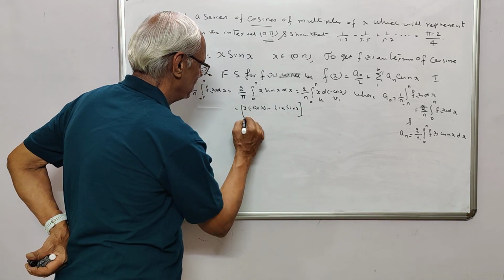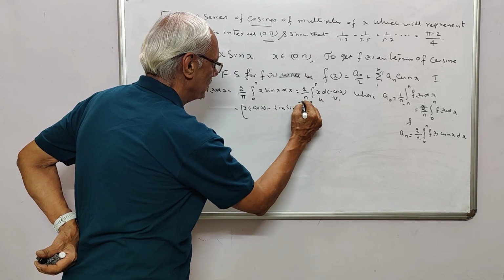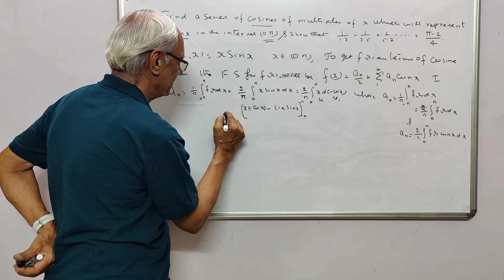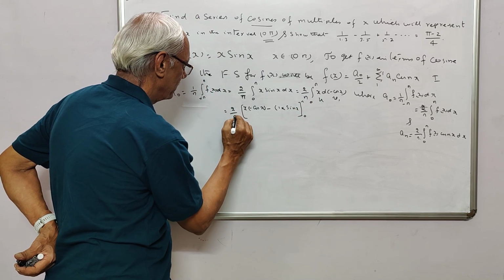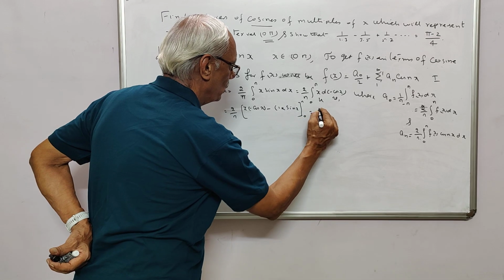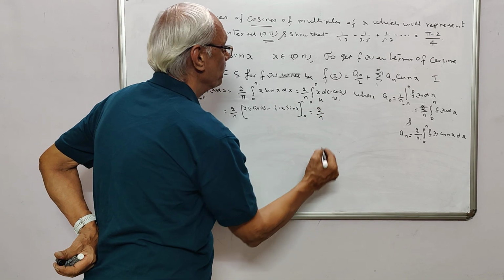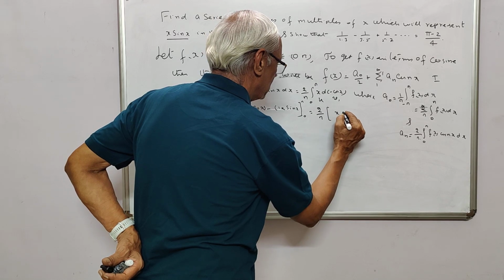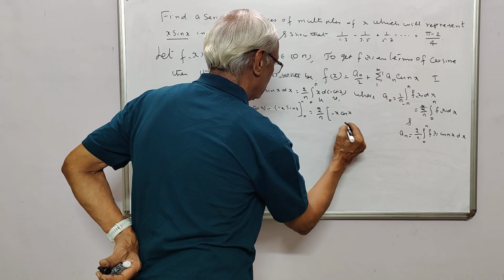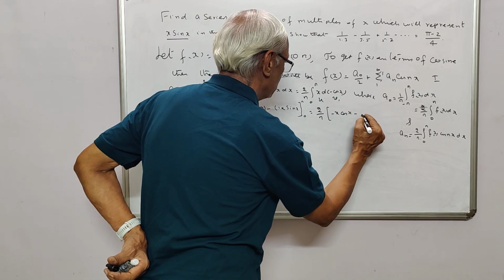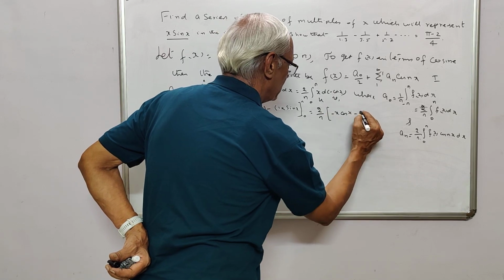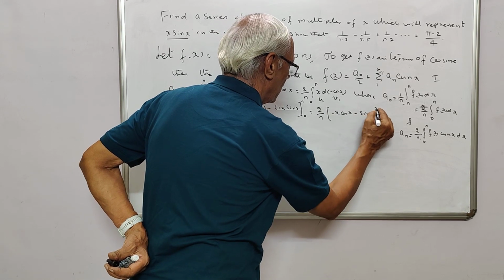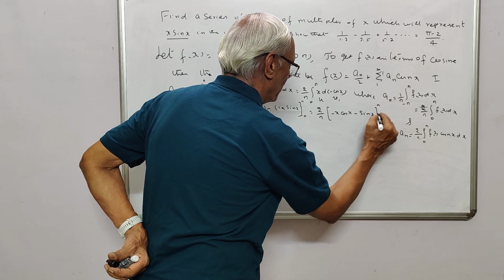And this must be evaluated from 0 to pi, and this 2 by pi is there. So this will be equal to 2 by pi times x cos x minus sin x, evaluated from 0 to pi.